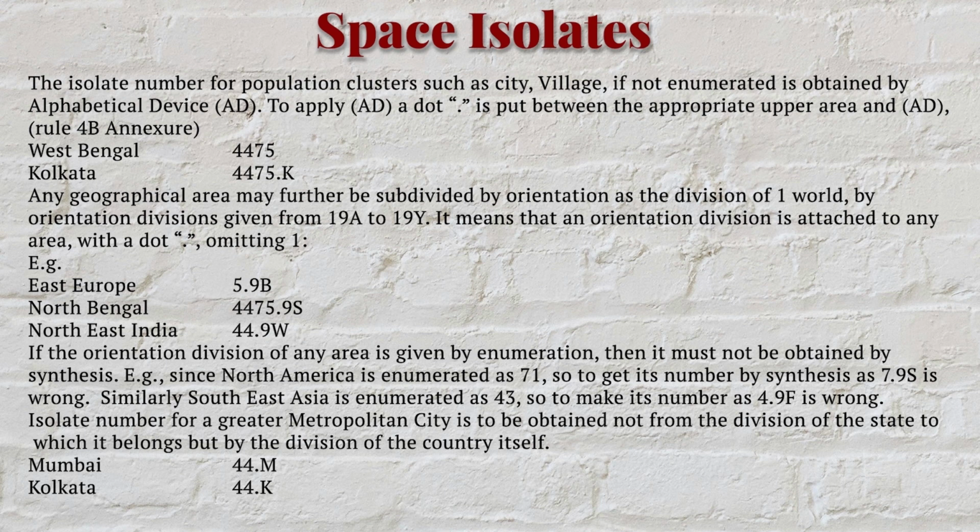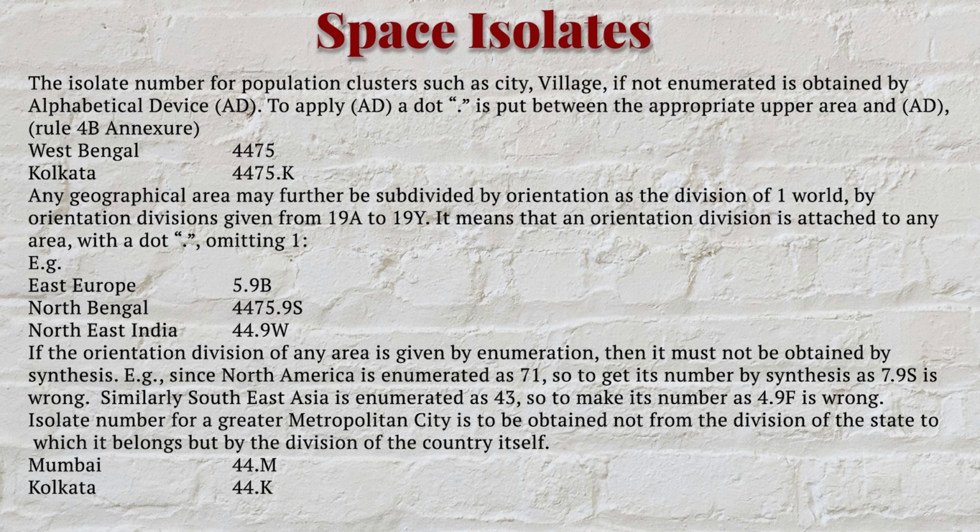The notation for Kolkata will be 4475.K by alphabetical device. It should also be mentioned that as Kolkata is a metropolitan city in India, we can also use 44.K for Kolkata.